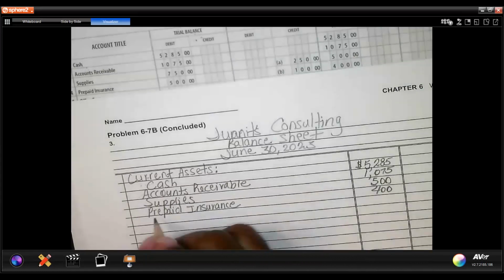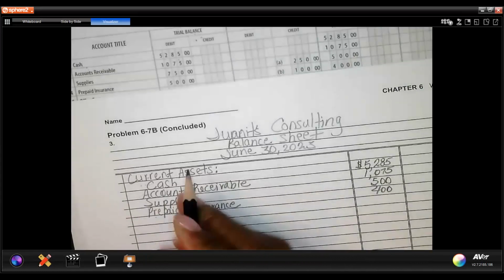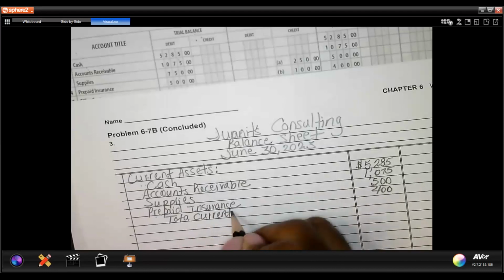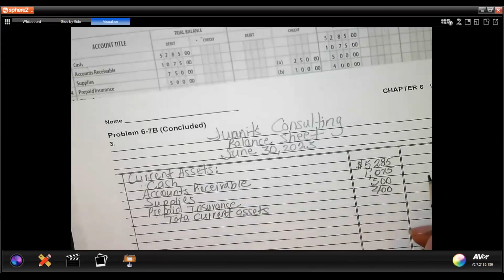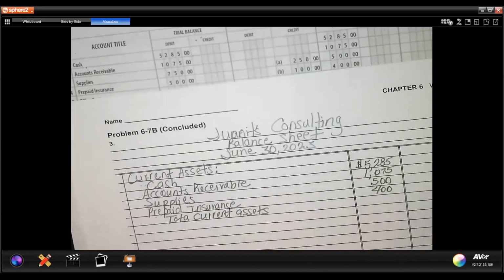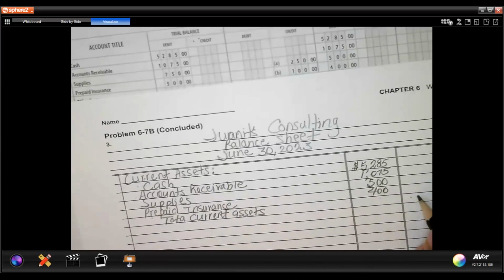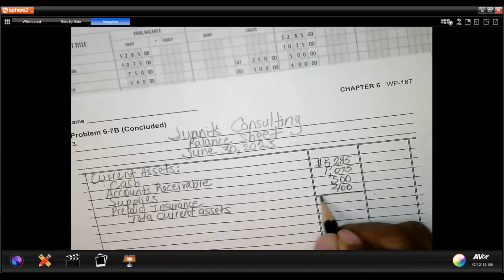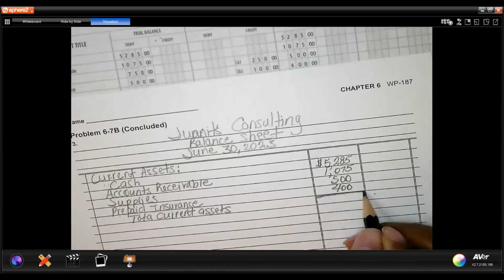So for our current assets, we're going to indent somewhat, and then we're going to write total current assets. Okay, and we're going to record the total over on the right side. So let's just rule this. Always rule that top line under your last amount.